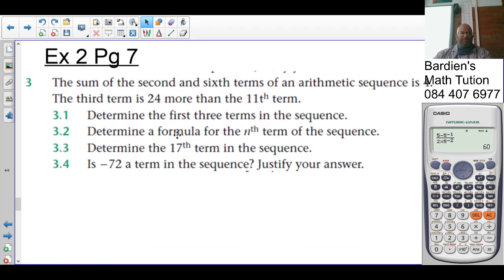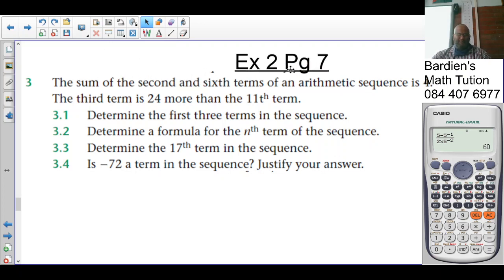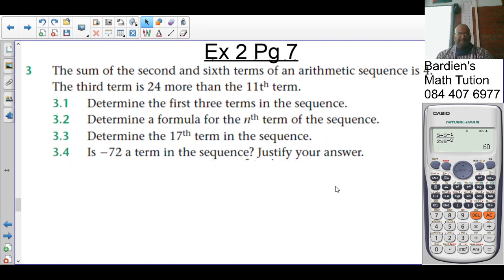We are told that the sum of the second and sixth term of an arithmetic sequence is 4. So that's going to be T2 plus T6, not so?